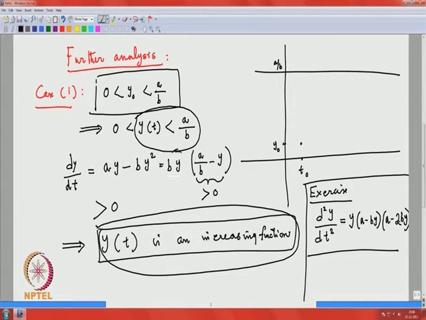Now, you observe some fact. What we have seen is that y is a positive number, and (a − by) is positive. Now, to determine the sign of d square y by dt square, it depends on the sign of a − 2by.